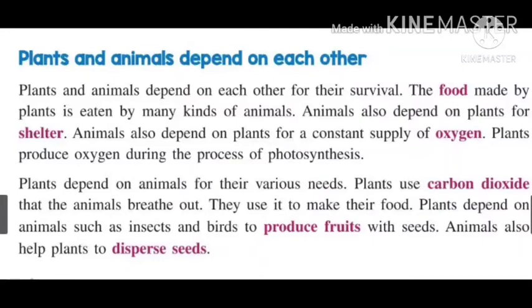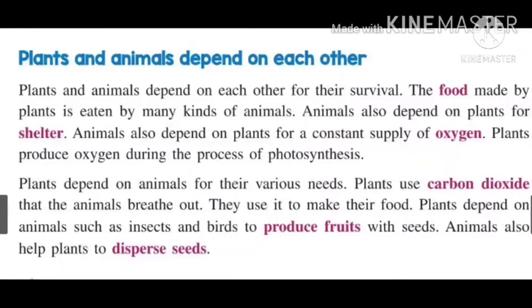How? They use the carbon dioxide, which animals breathe out, to make their food. And insects and birds help to produce fruits. Some animals help to disperse seeds. Disperse seeds means they carry the seeds from one place to another place.